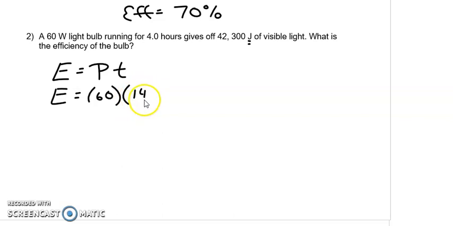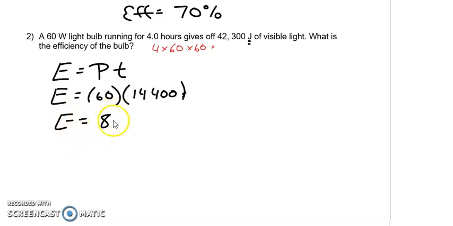4 hours is 14,400 seconds. We get that by multiplying 4 hours by 60 minutes per hour by 60 seconds per minute. And so you find that the amount of energy that's actually going into this light bulb is 86,400 joules of energy.